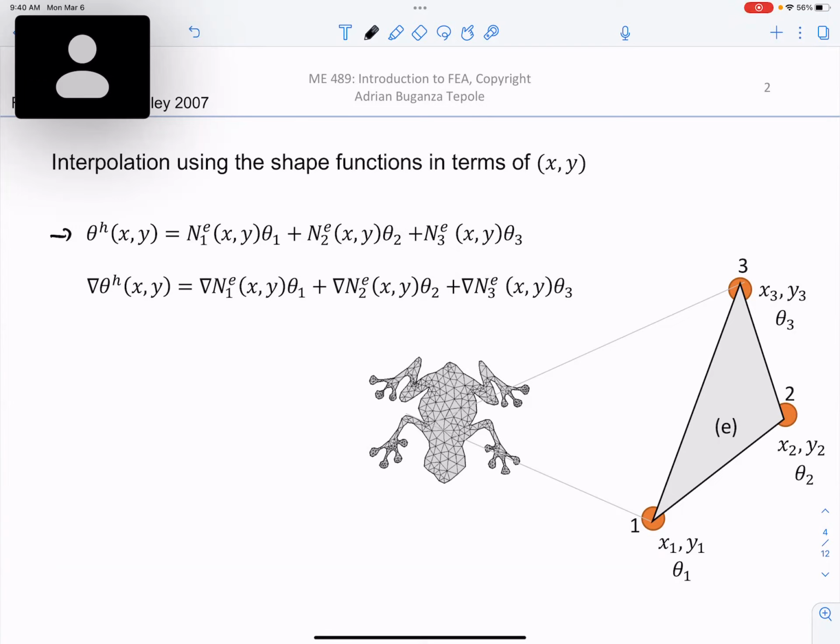If you are interpolating a temperature field, which is called theta, then you have the value of the temperature at the given nodes, theta 1, theta 2, theta 3. So what is the interpolation? If I want to evaluate theta at a particular point, all I have to do is evaluate the shape functions at that point, multiply by the nodal values, and sum. Very much the same as in 1D.